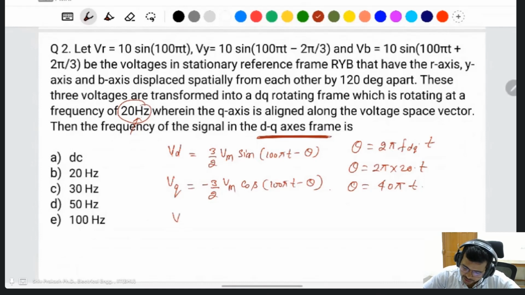And what is the Vd? 100 pi minus 40 pi gives 3 by 2 Vm sine 60 pi t. This is the frequency, omega is 60 pi.